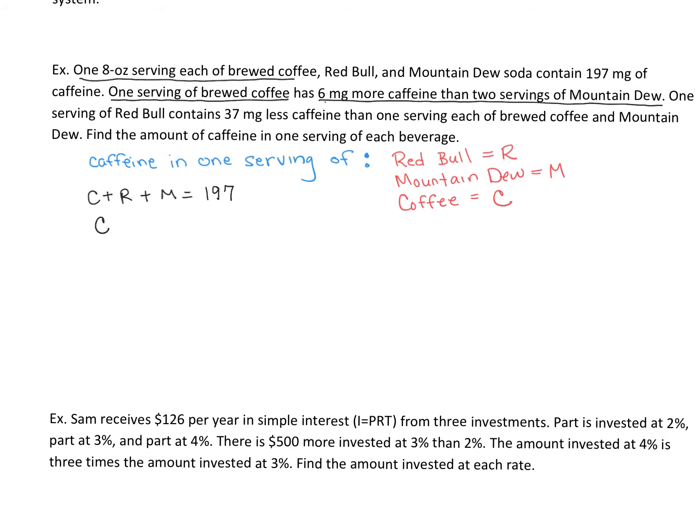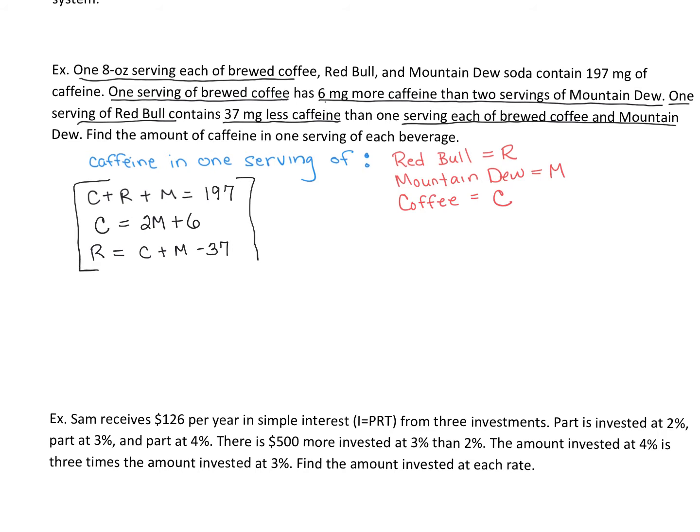So our coffee is going to be 2 servings of Mountain Dew plus 6. And for our third equation, 1 serving of Red Bull, R, is 37 milligrams less caffeine than 1 serving each of coffee and Mountain Dew. So we'll say coffee and Mountain Dew, and it's 37 milligrams less.